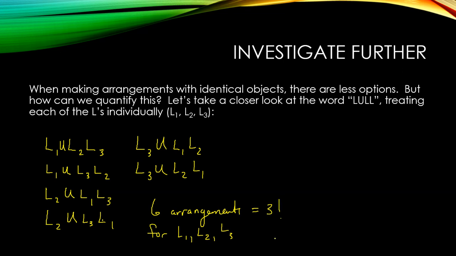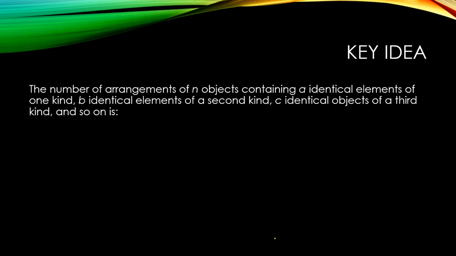So this motivates a rule that we can now use to determine the number of arrangements in a group of n objects when you have, let's say, a certain amount of elements that are identical and you have A of them, and then you have B identical elements of some other kind, and then C of some other kind, and so on and so forth. So the number of arrangements is n factorial.